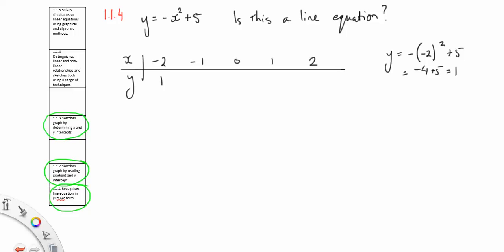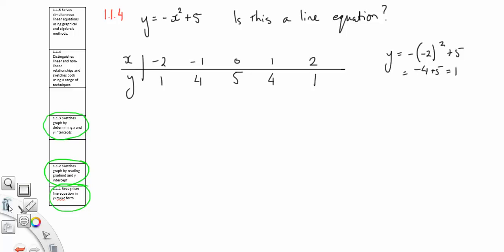Negative 1 squared is 1, but then it becomes minus 1 plus 5 is 4. Let's try the 0. That gives 5. Let's try the 1. That gives 4. Let's try the 2. That gives 1.